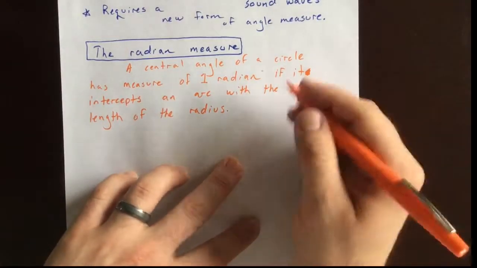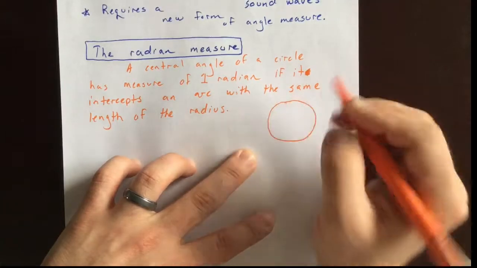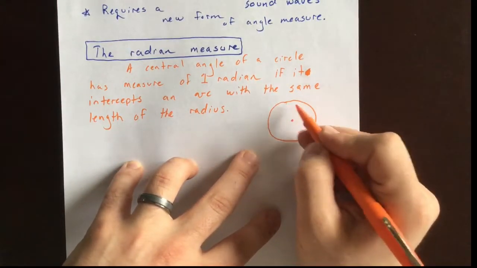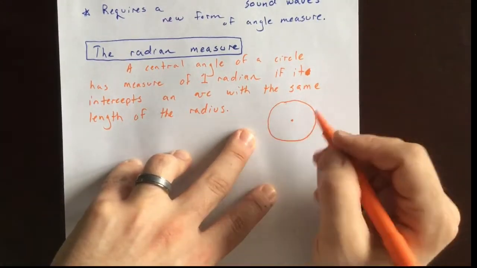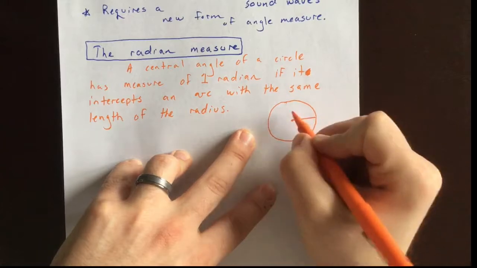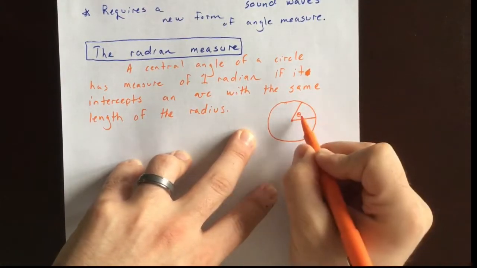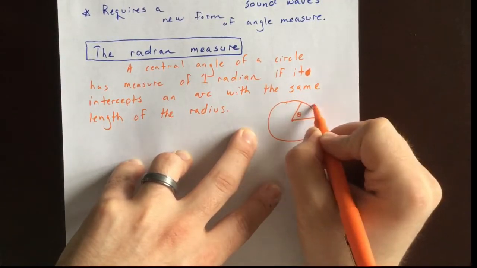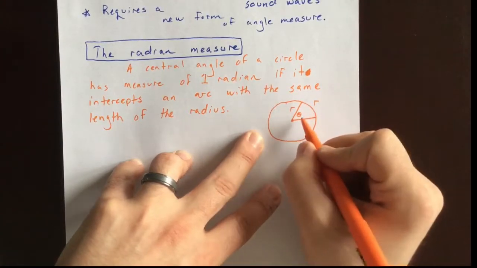So remember, we're dealing with circles. So if I were to draw a circle, that is a beautiful circle. Oh my goodness, look at that. That's very close to perfect. So if I have a circle, a radian is the measure of an angle when its arc is the same length as the radius, okay?